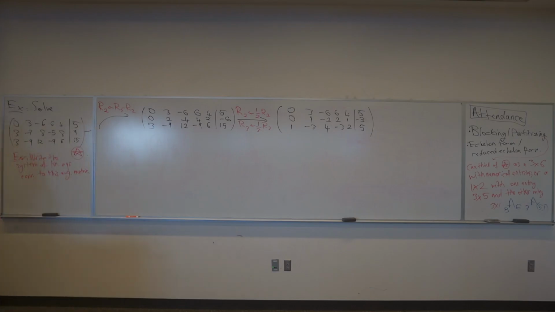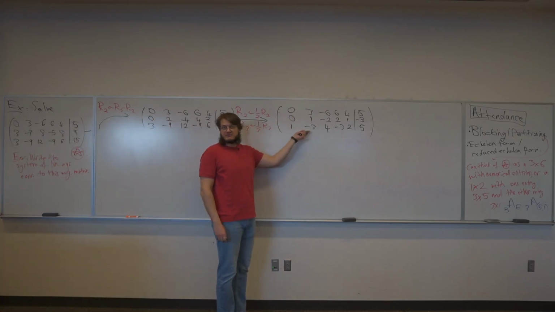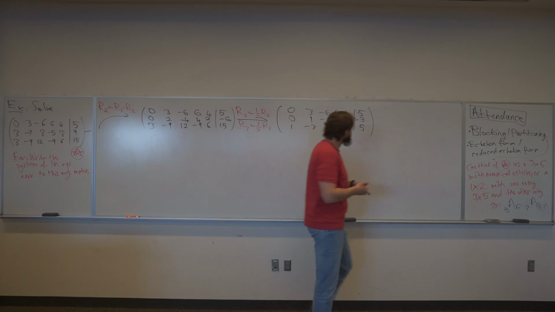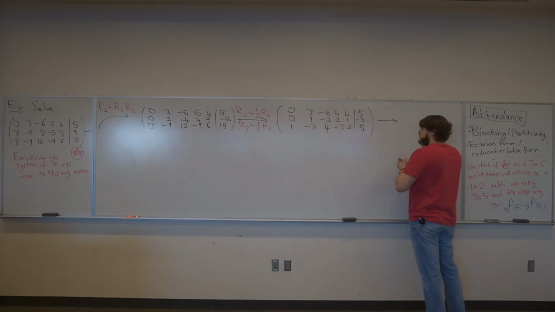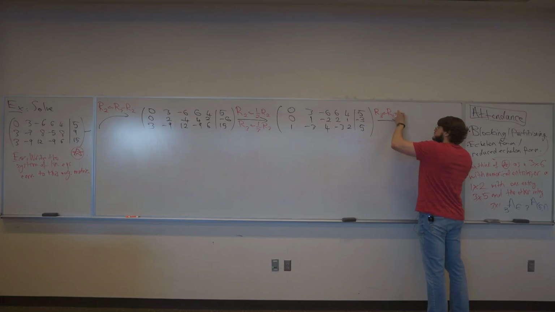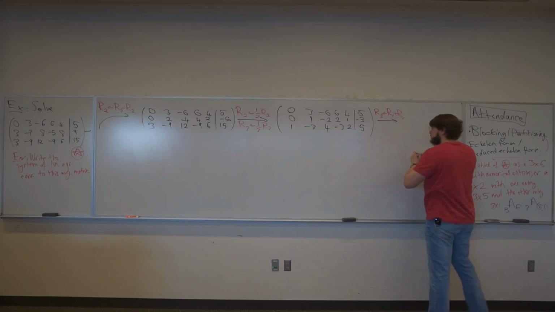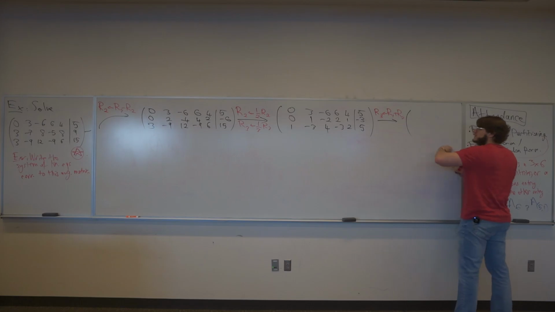That's nice, because now, you see, I can use this guy to get rid of this minus 3. So row 3 is replaced by row 1 plus row 3. And the outcome is this.